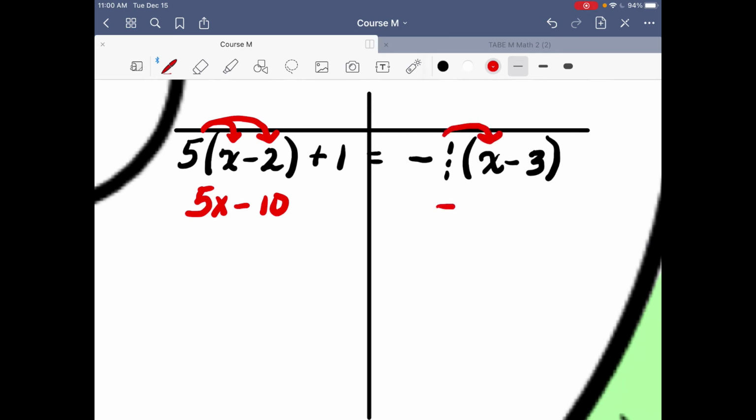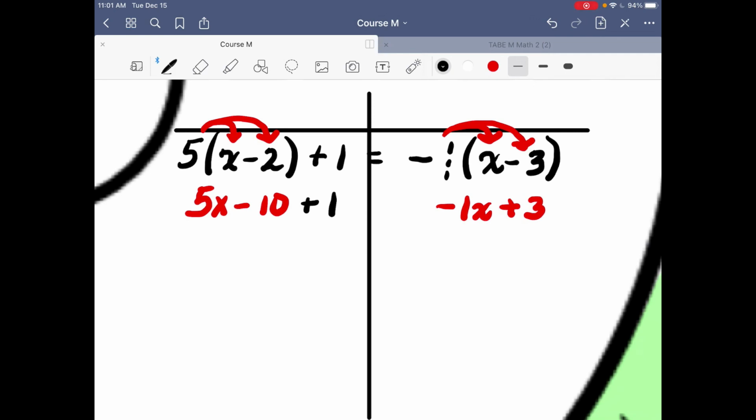We have negative 1x. Then negative 1 times negative 3 is positive 3. And don't forget to copy your plus 1. If you need to pause this video and really study that, that is fine. Stop the video, make sure you understand what I did there.